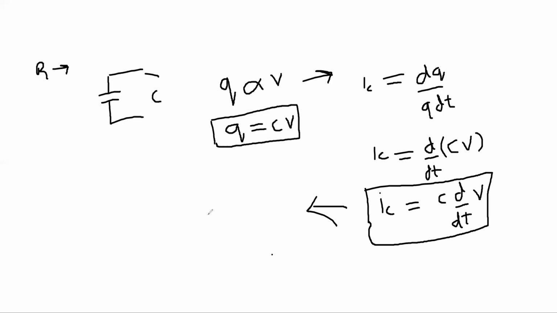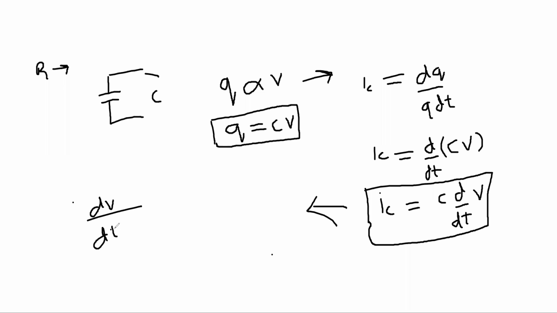So here we got the capacitor current IC equal to C dV by dt. From here we will conclude the voltage across the capacitor. These are very basic formulas which you studied in 10+2.